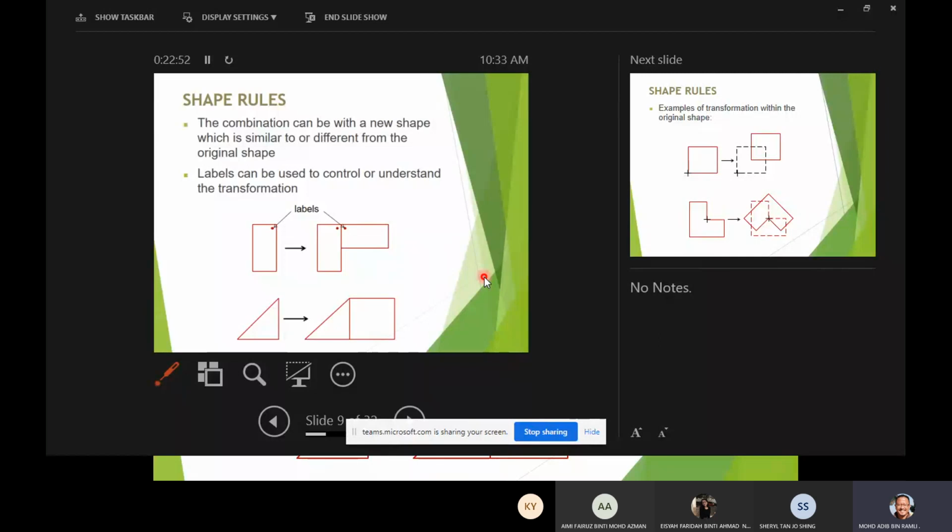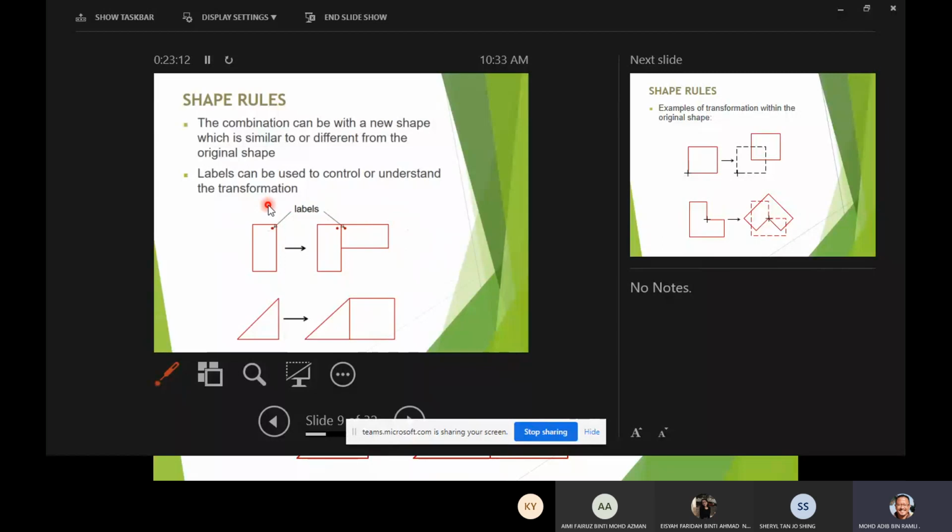And also like this one, this is a rectangle, and the transformed shape is where you add another rectangle, but you specify where you want to put the new shape in relation to the original shape.